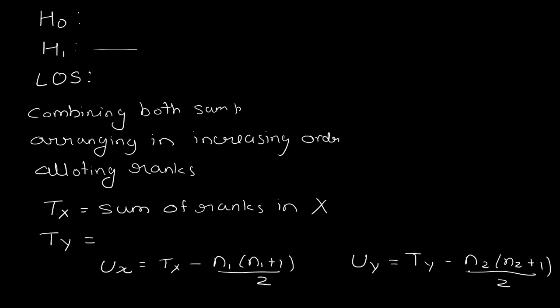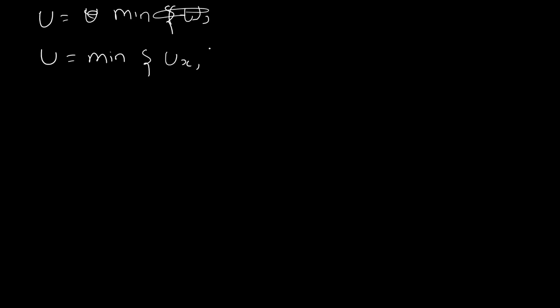Now, once Ux and Uy have been calculated, you will consider the minimum value of them. That is, U will be the minimum of Ux and Uy, whatever minimum value you have.